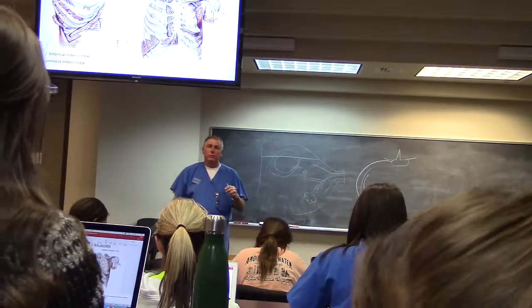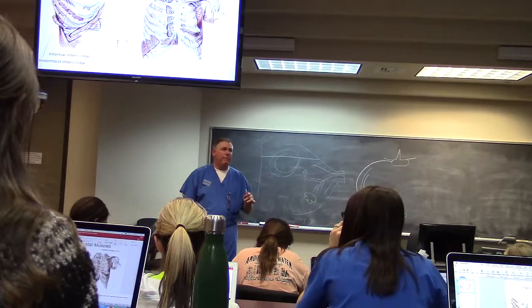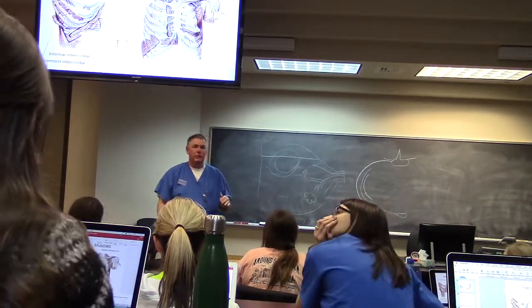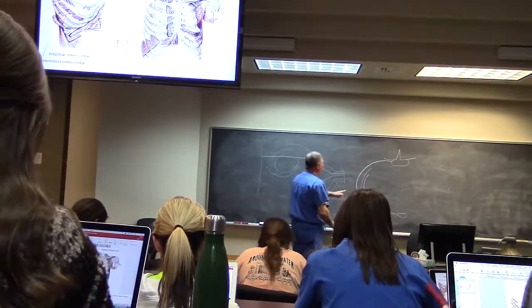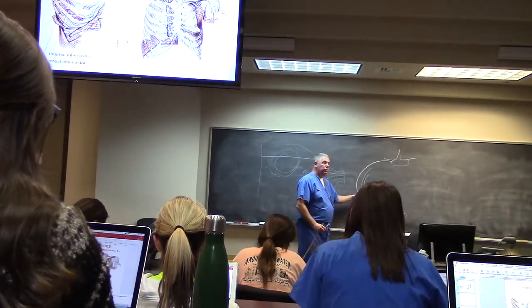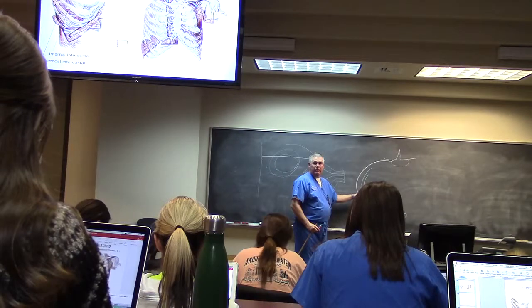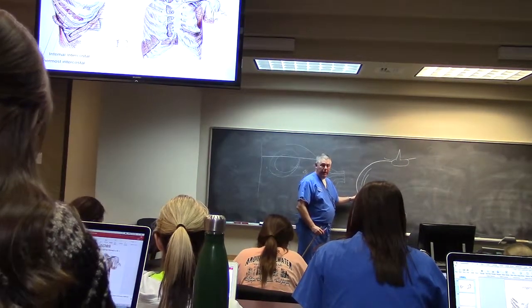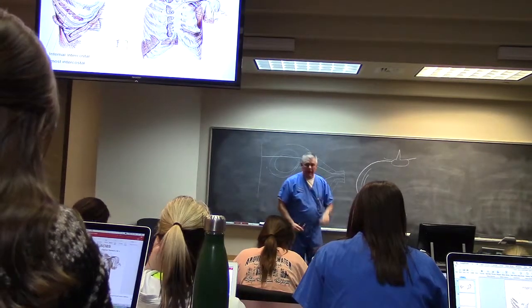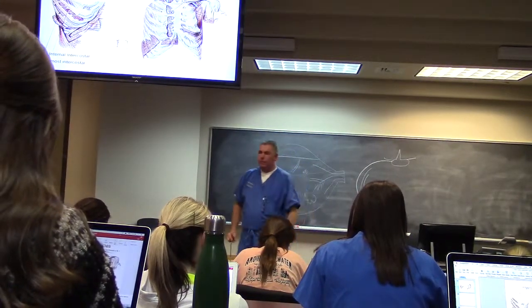The blood vessels, arteries and veins that travel in the chest run between the internal and innermost layers. You're going to see that in the subsequent slide, you don't need to write it down. The vessels run between the internal and innermost layers.